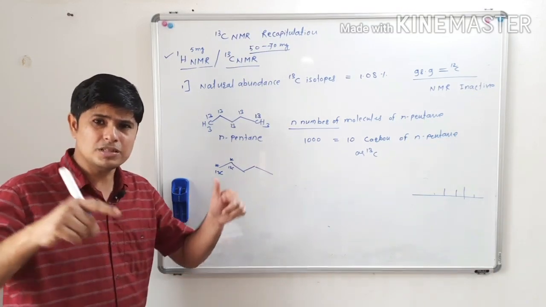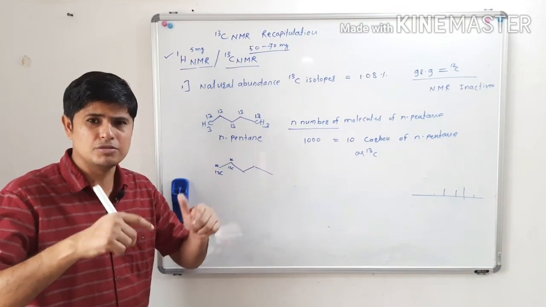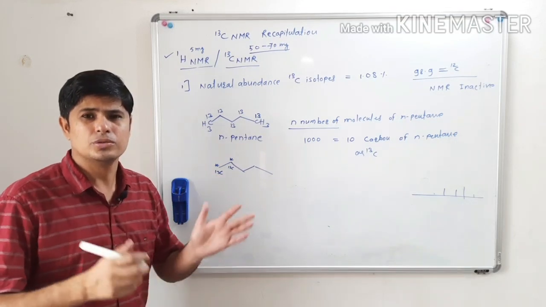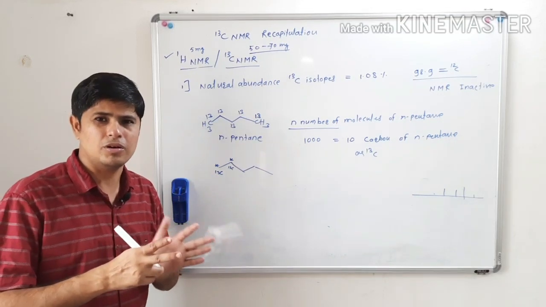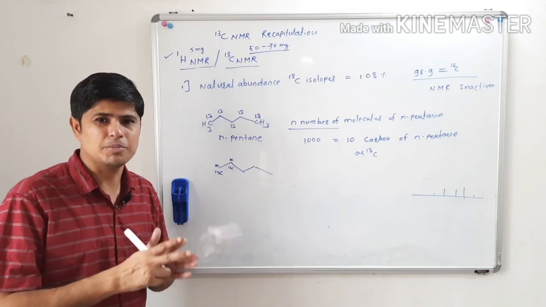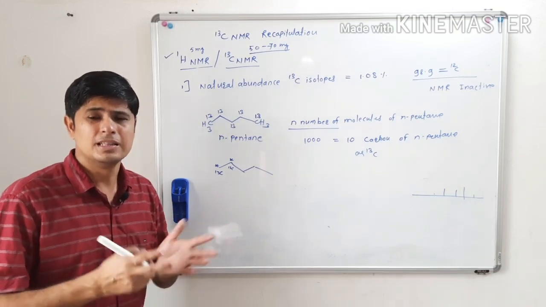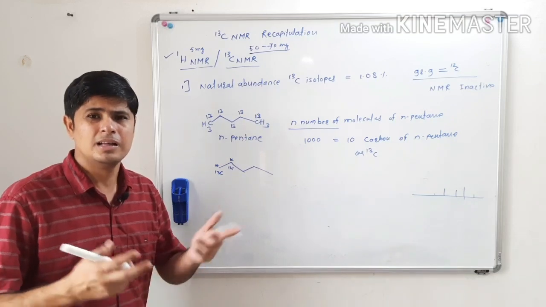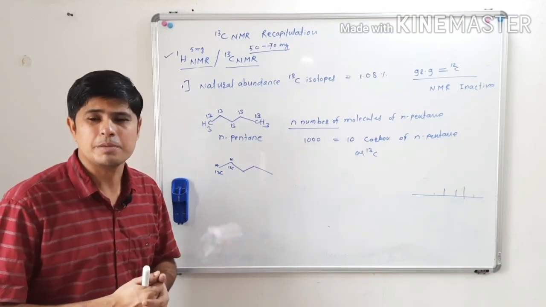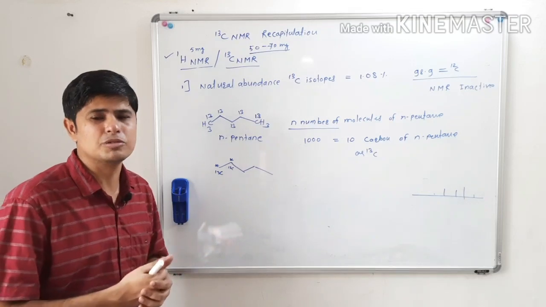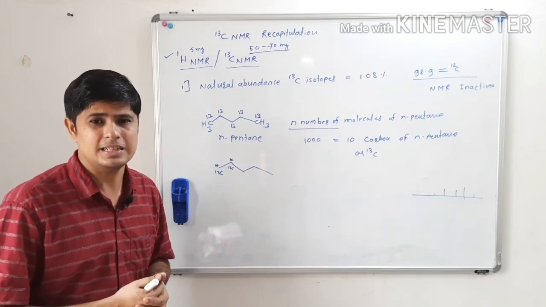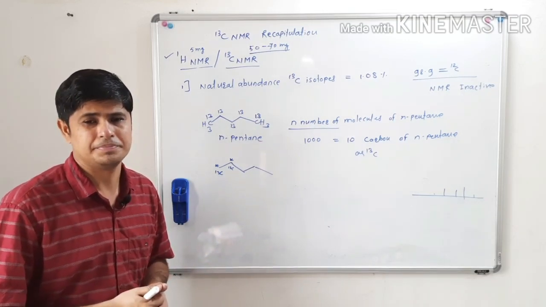So in that molecule, the possibility that two carbon-13 atoms will be adjacent to each other will be there, but we do not have such a 1000-carbon molecule available, and we cannot take its spectrum either. Isn't it like that? This is the possibility.